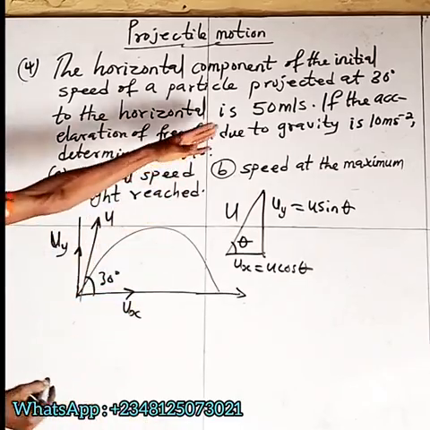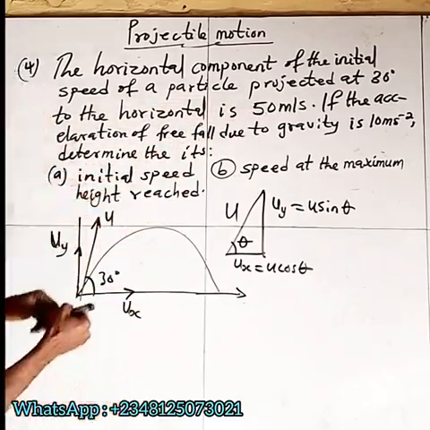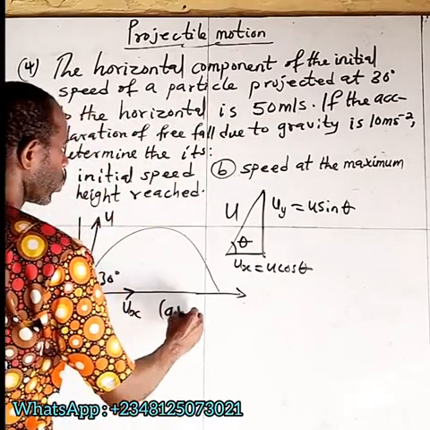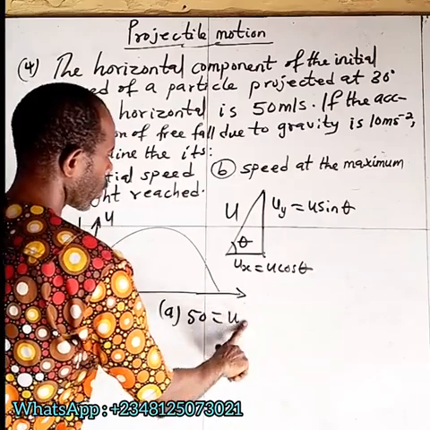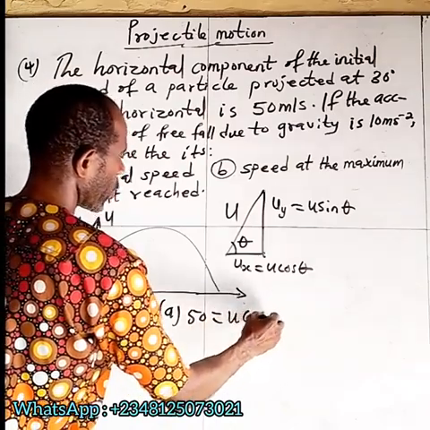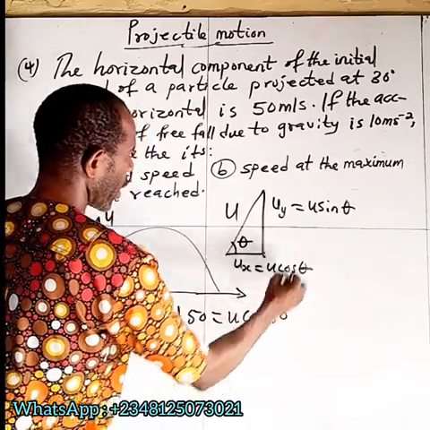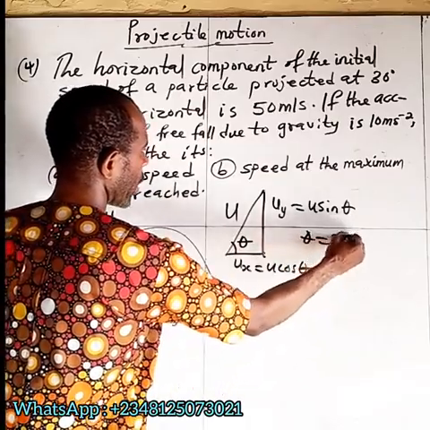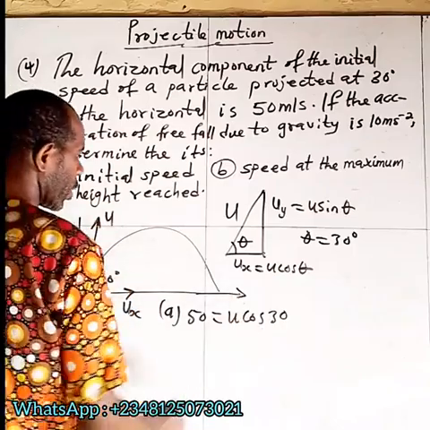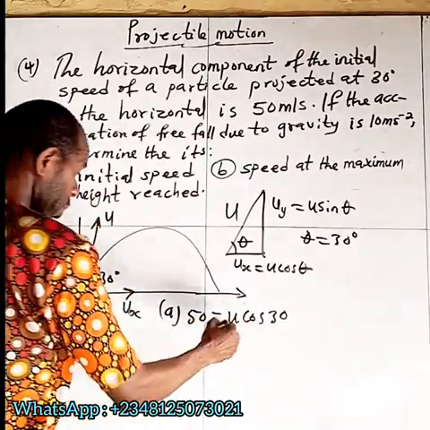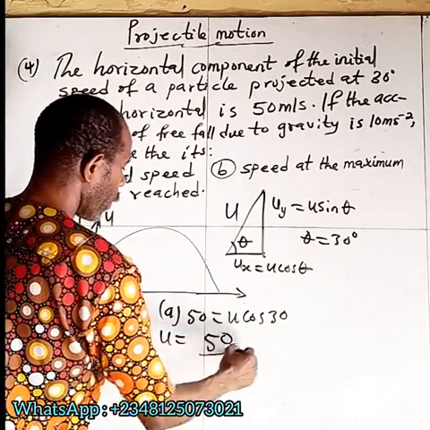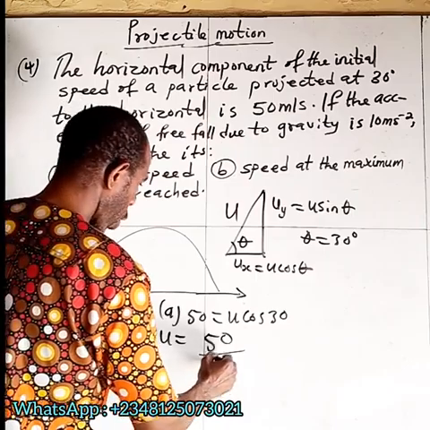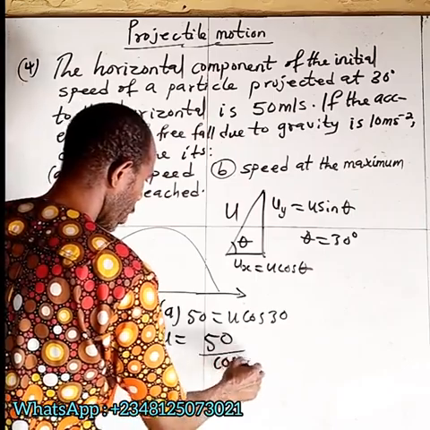Now, let's first get it the simple way. Just put 50 equal to u cos 30 degrees, because theta here is 30 degrees. Your u now becomes 50 over cos 30 degrees.